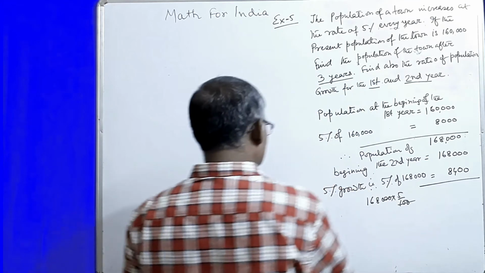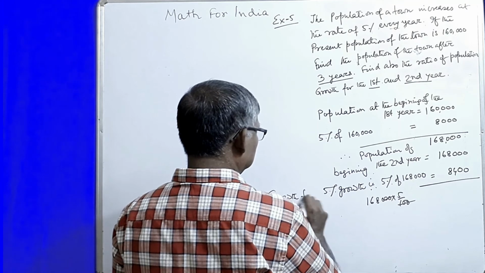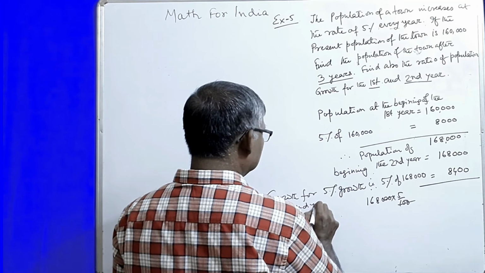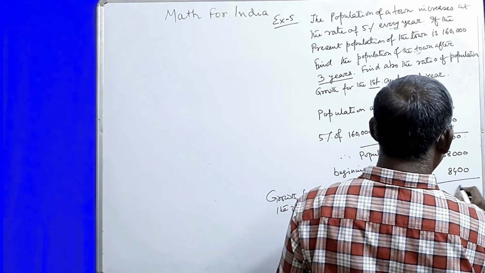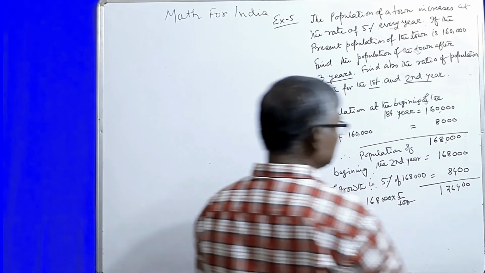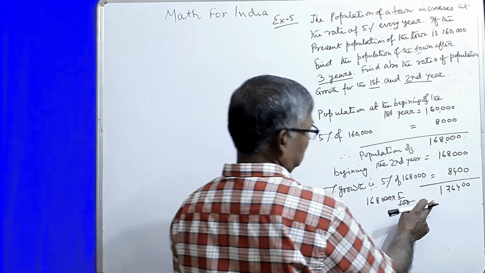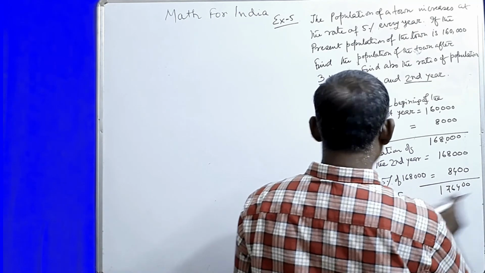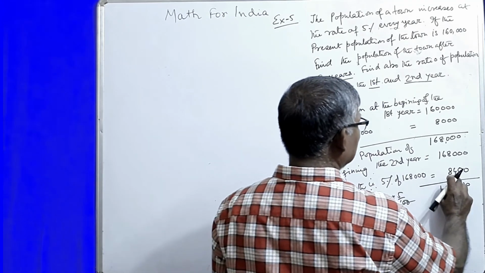So here growth for the second year is 8,400, that is total population at the end of second year will be 1,76,400, and population growth for the second year is 8,400.